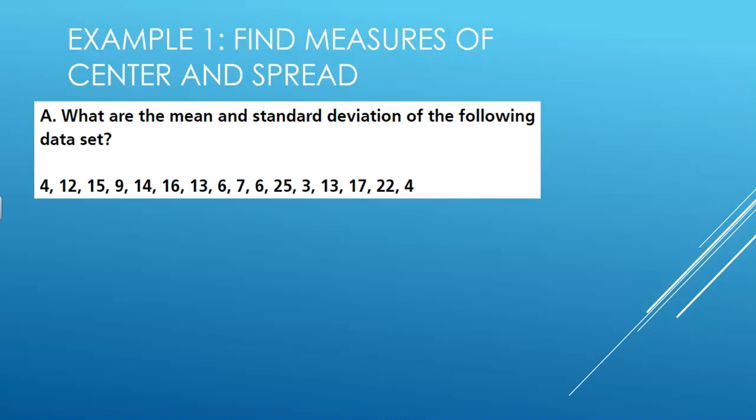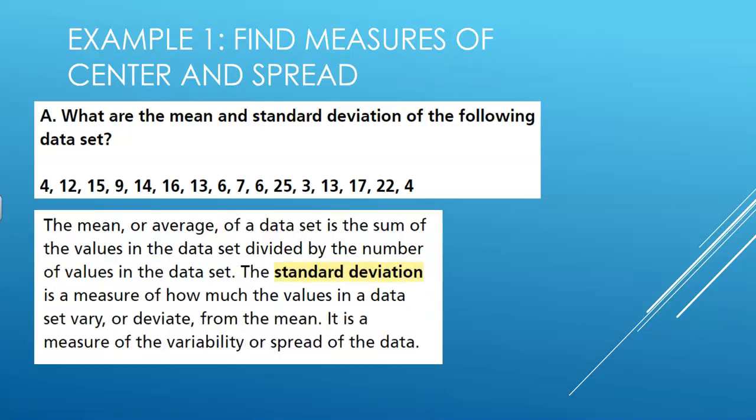Do you remember, mean is the average and standard deviation is how far these numbers are from the average, how much they vary from this average or this mean. You've done mean, you've done average for many years. Add them up and divide by the total number of items.